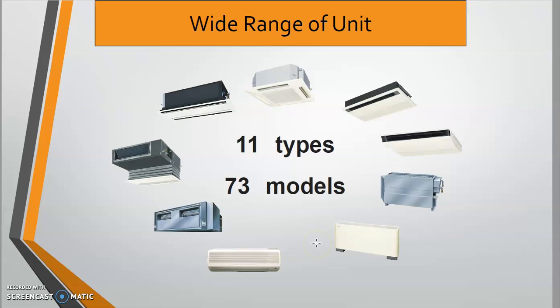They can go up to 11 types of unit, and up to 37 or 73 models of indoor unit. Still, it depends on the brand of the VRV or VRF, and how many models they can adapt into their VRV system.